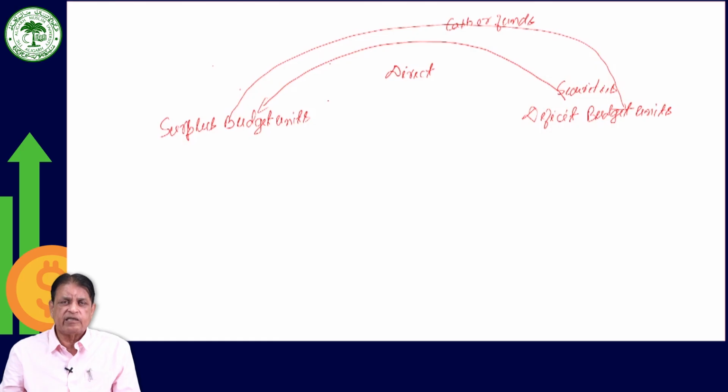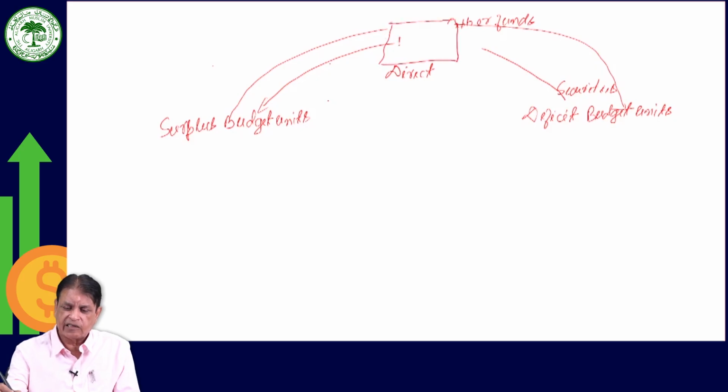Now, for every transaction a market is needed, in which the transaction will actually take place. So, there is a market here as well, in which the deficit budget units will sell their securities and the surplus budget units will purchase. This market is called the financial market.